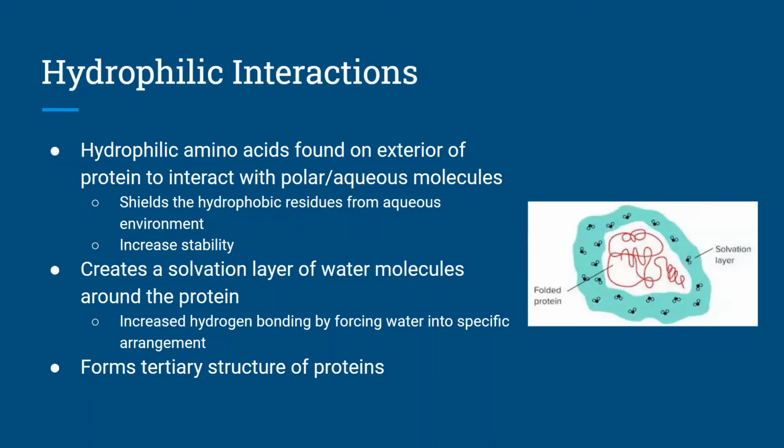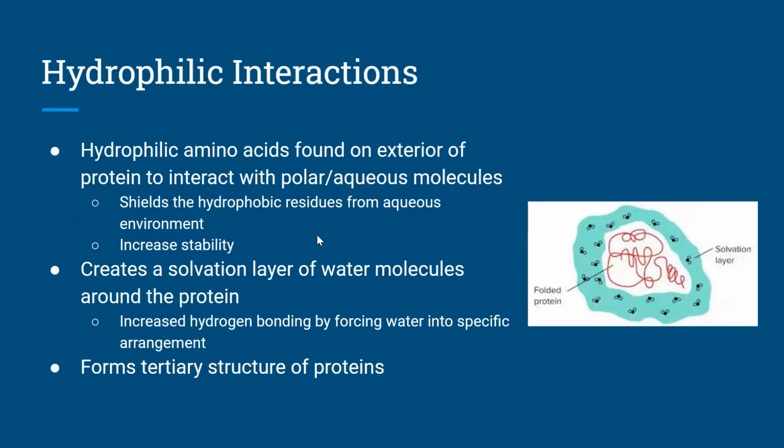Most proteins work in the cytoplasm or other aqueous environments, and as a result, the hydrophilic amino acids are on the outside because it shields the hydrophobic residues from the aqueous environment. This concentrates the hydrophobic amino acids in the center, while the hydrophilic ones are on the outside, and this is done to increase stability of the protein.